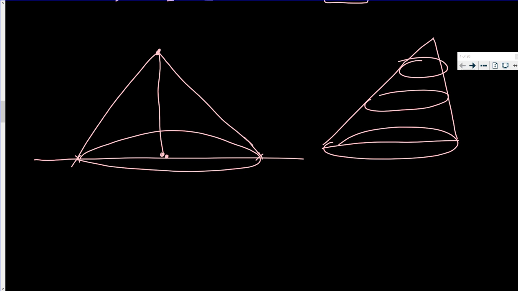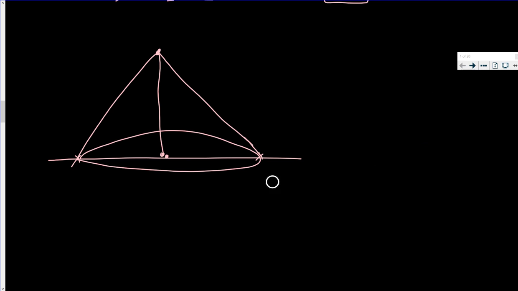Now, plugging in the numbers, if I tell you the radius of this cone and I tell you the height of the cone, it really doesn't make the problem any harder or any easier. So let us draw this nicely. Here is a cone.